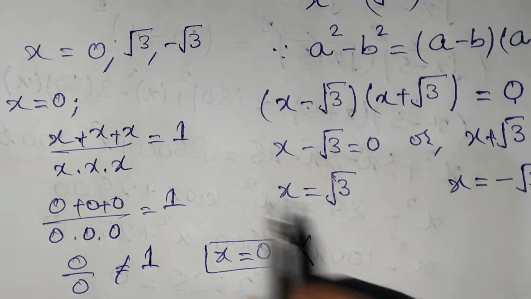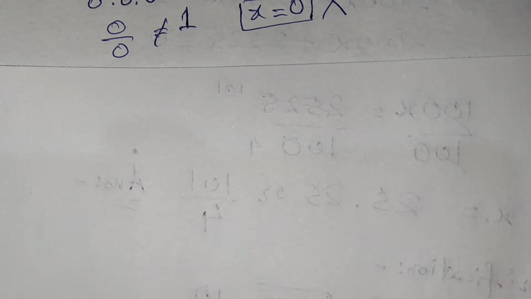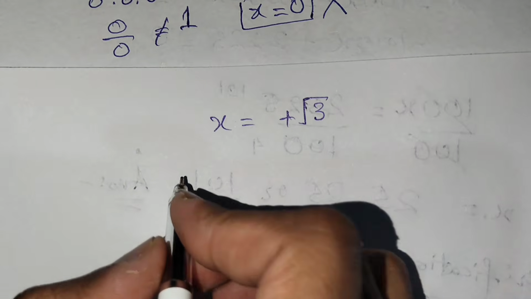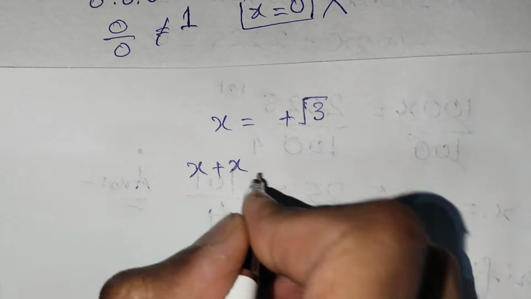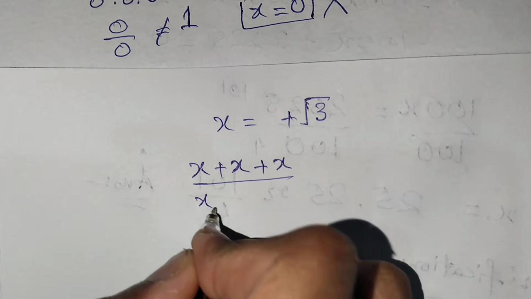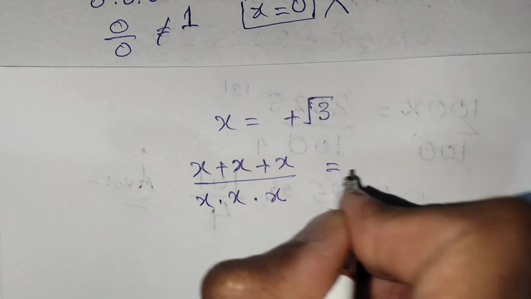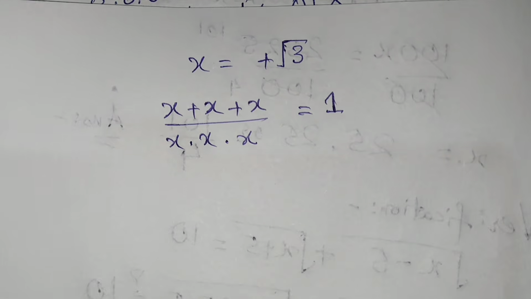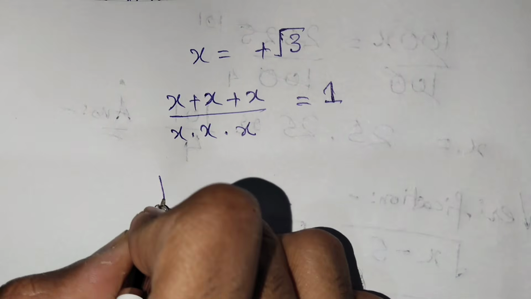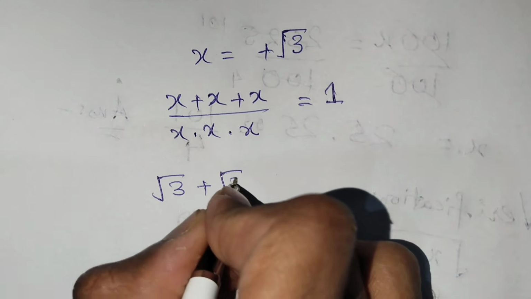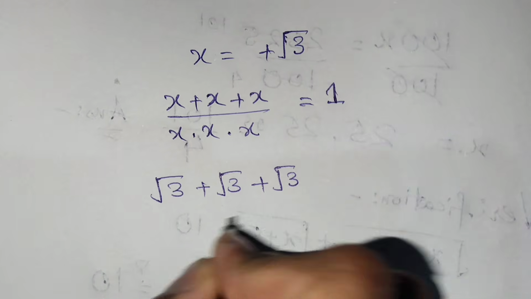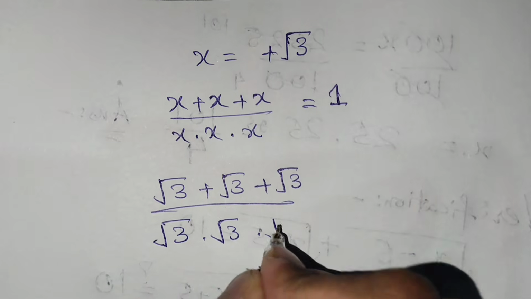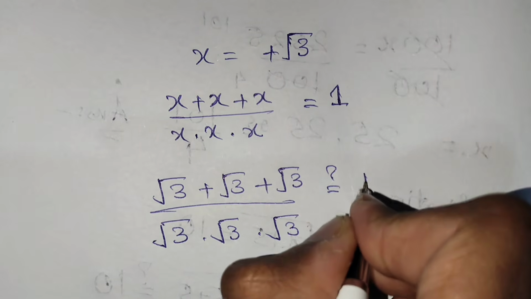So now we will check plus square root 3. X equals plus square root of 3. We have (x plus x) divided by (x times x) equals 1. So this is square root of 3 plus square root of 3 plus square root of 3 divided by square root of 3 times square root of 3 times square root of 3, equals 1.